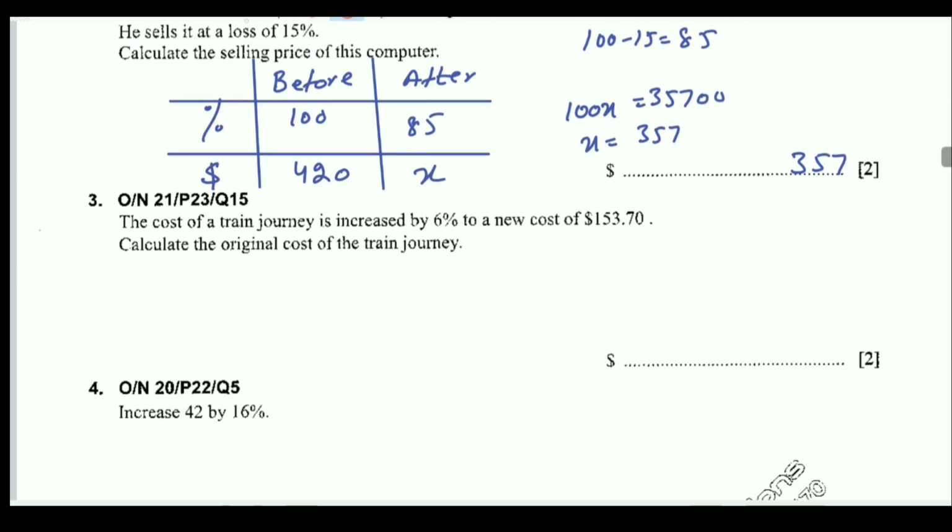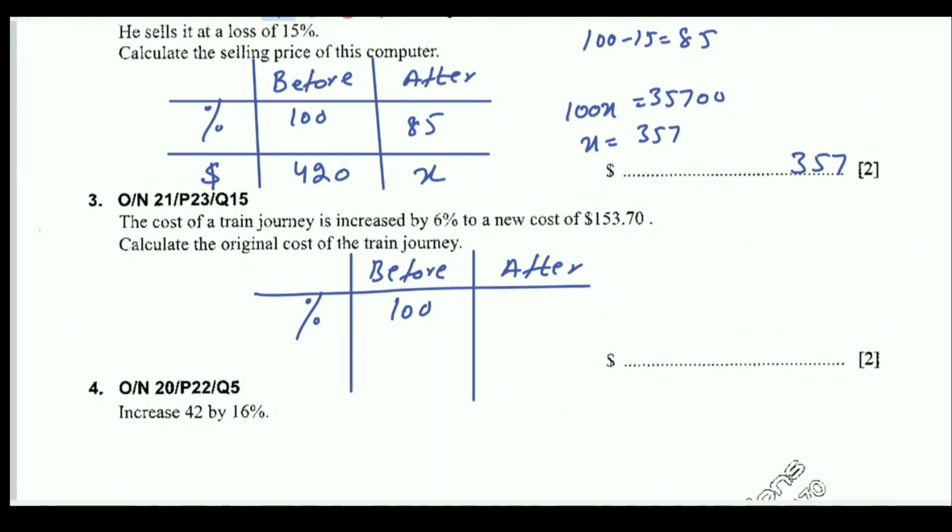Before, after, percentage and 100. As I told you, if you see that a percentage is included in the question, simply draw these tables, and now we have to fill these boxes. Actually, we have to find the original cost.